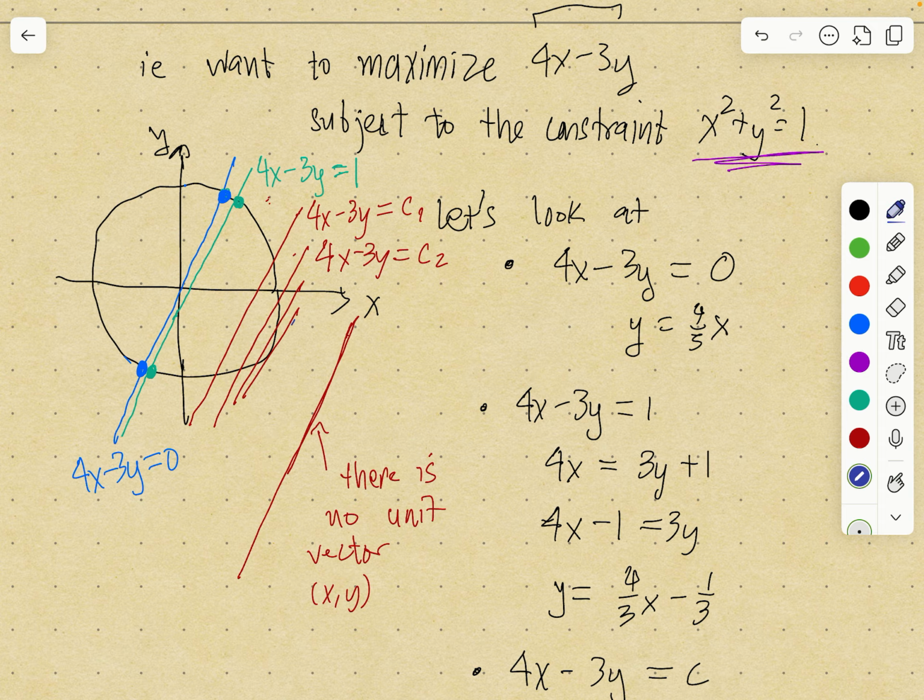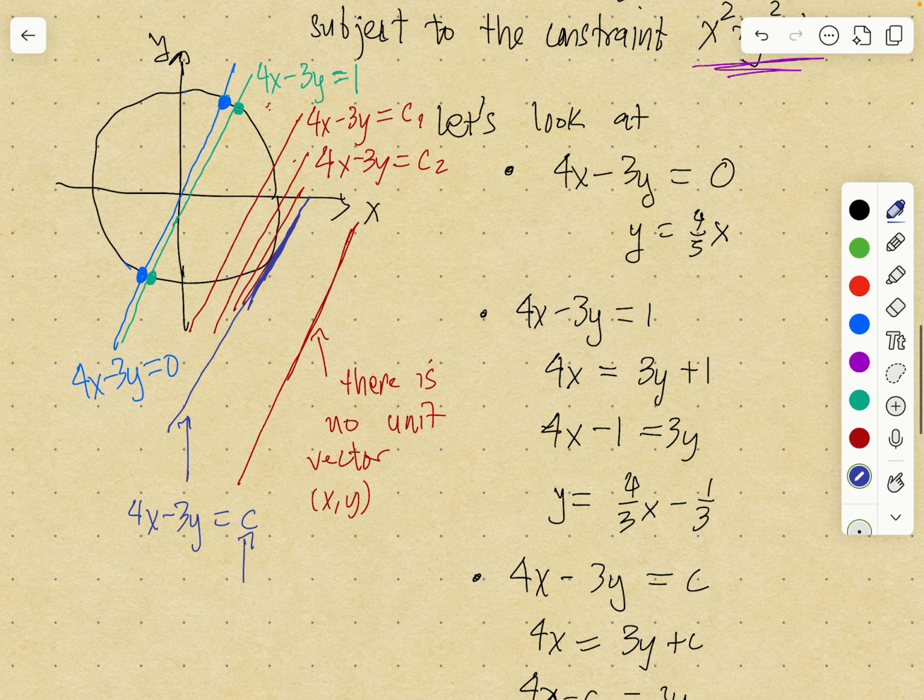This line that just touches the circle at one point. This 4x minus 3y equals c. This c, okay, that is the maximal c I can get. And so that's going to be the biggest possible directional derivative I can get, is this value of c.